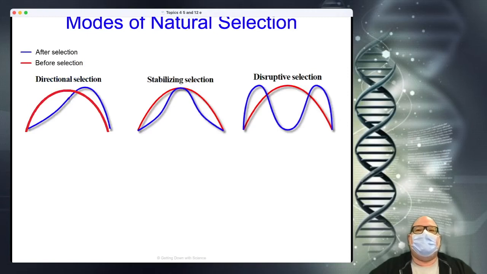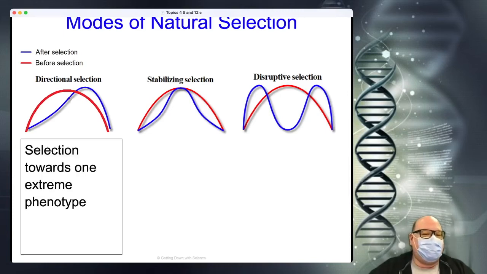All right, so the red is what the population originally looked like. In directional selection, we would go toward one extreme phenotype. The peppered moths would be a good example of this.